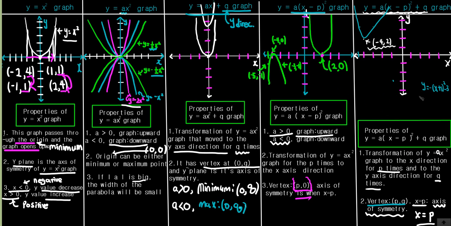At first, let's input a value of positive 2. If we input positive 2, plus 1 is positive 3, squared is 9, but there's a minus, so we write minus 9, and then we have minus 3, which gives us negative 12. So it is going to be approximately right over here.